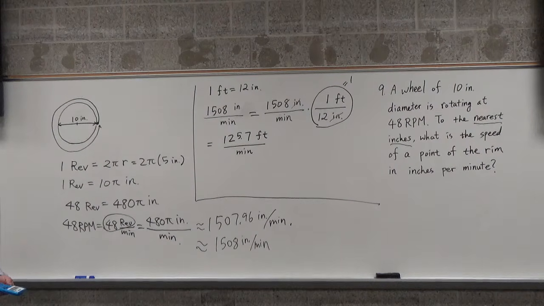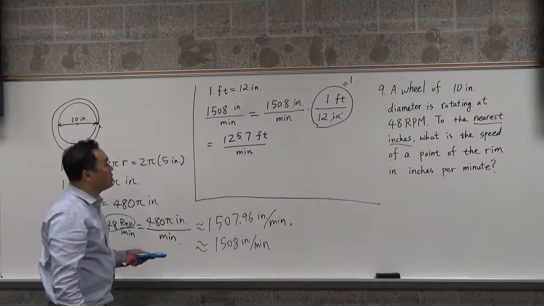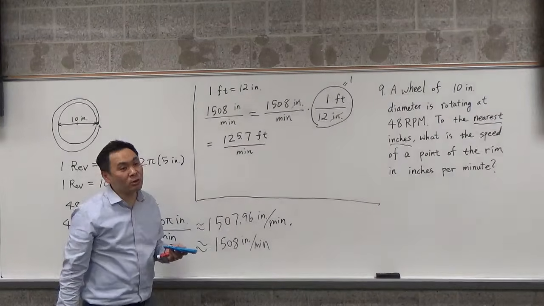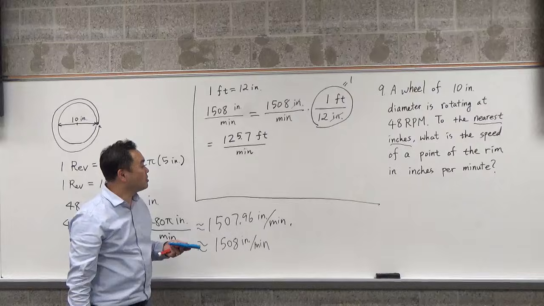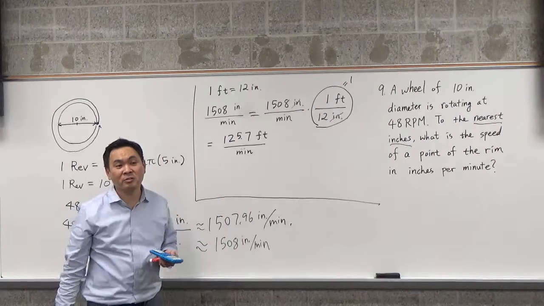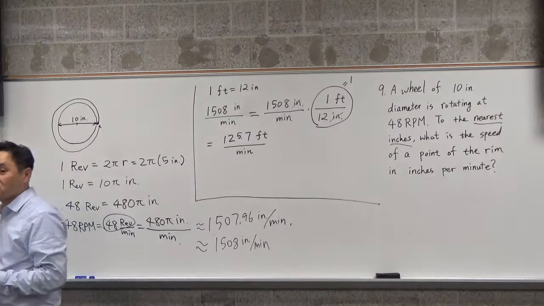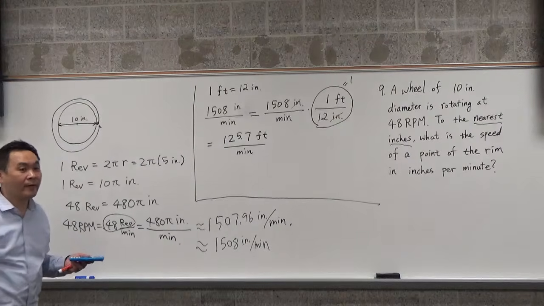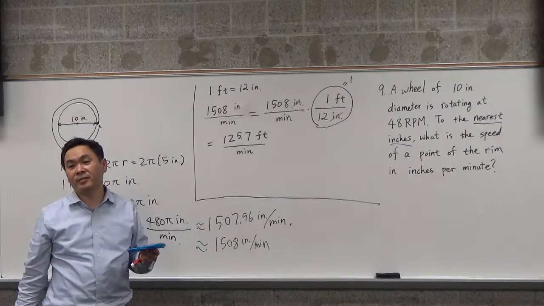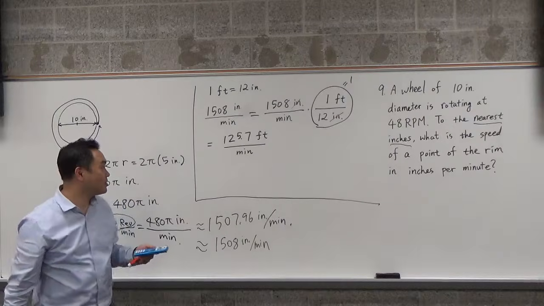Okay. Another question. How would you answer this if the question was, find the speed in terms of feet per second? What would you do? Would you multiply that by 1 over 60? Yes, yes.